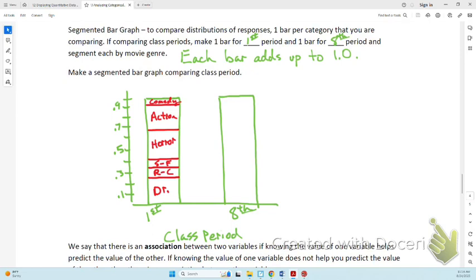All right, here we go. I'm looking at the very bottom for 8th period, and I see 0.0357 for documentary. So I'm going to make a line at roughly 0.03. I'm going to add 0.25 to it for drama. So I'm going to make a line at roughly 0.28. I'm at 0.28 right now, so I'm going to add 0.03.